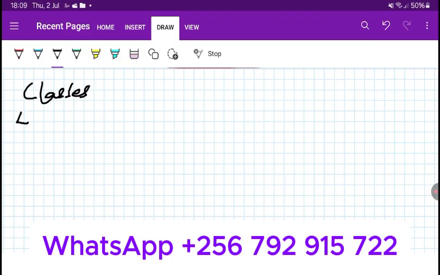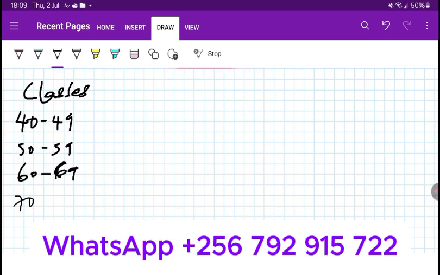Classes were 40 to 49, 50 to 59, then 60 to 69, 70 to 79, and then finally 80 to 89.